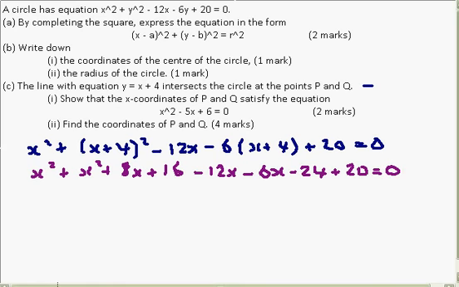Okay, there's a lot of terms there, so let's try and bring them all together now. Collect like terms. We've got x squared and x squared, well that's 2x squared. I've got 8x, take away 12x, that's minus 4x, take away another 6x is minus 10x, and I've got 16, take away 24, okay, is minus 8, plus 20 is 12.